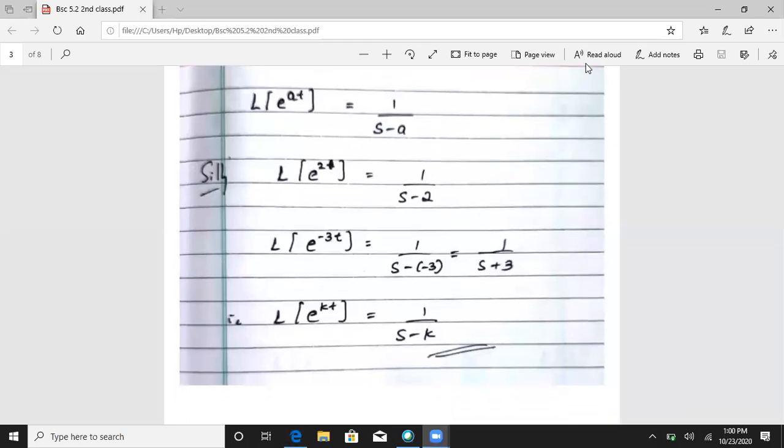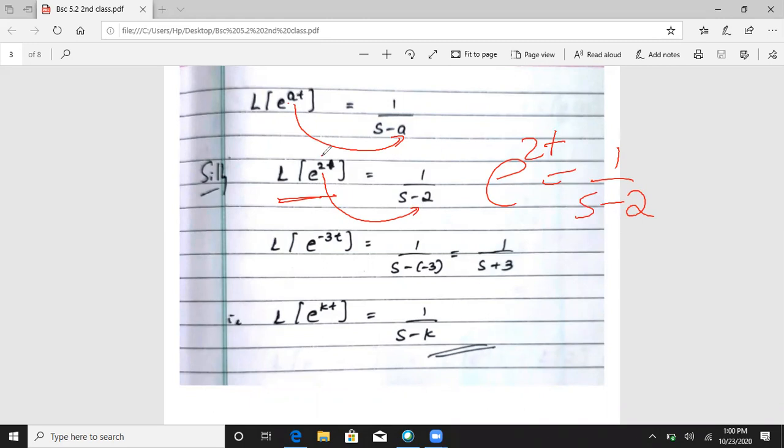Here we see some related examples. e to the power 2t. Here a is 2, so the answer is 1 divided by s minus 2. Instead of writing a, we put the constant values here.